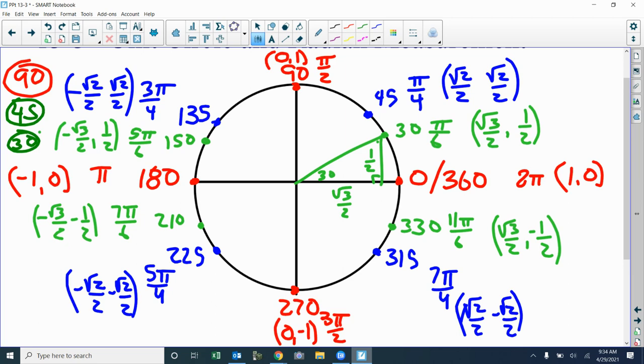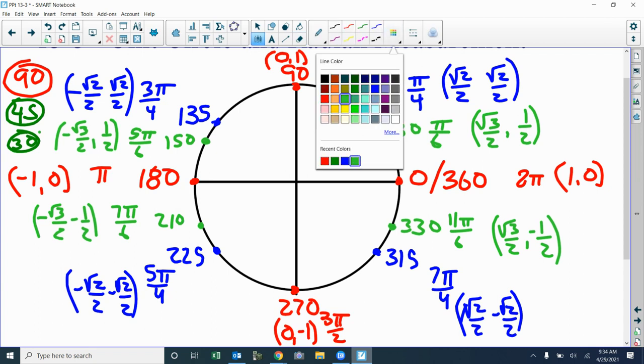How we doing? Still okay? What are we down to? The 60. Now the good news with the 60 is they're just like the rest.